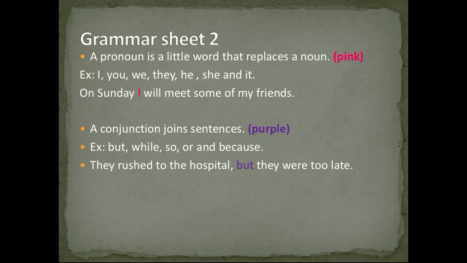They rushed to the hospital, but they were too late. So if I want to separate those two sentences, I will say they rushed to the hospital, they were too late. So I took but and I put it in the middle and I joined the two sentences together. Conjunctions we also call connectives. Okay, guys?